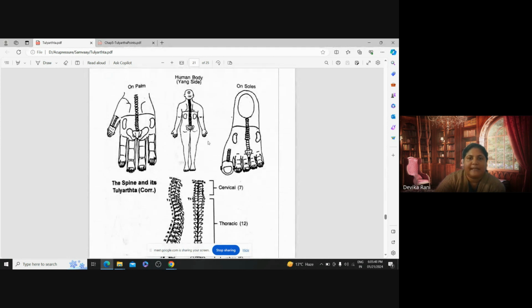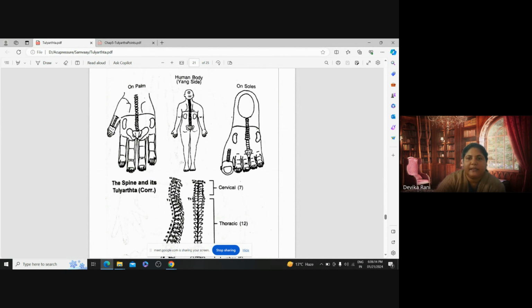So this is your backside. Like we saw, they put pea seeds over here in the lower back. This is your cervical area, this is your head area. This is your pelvic region, your hip, this is your kidneys.